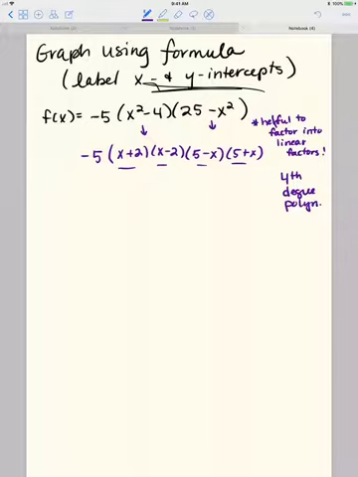Depending on its leading term coefficient, the ends will either both point up or both point down for long-term behavior. But for short-term behavior, we'll look at what the zeros do. This negative 5 out front, and then there's a positive x, a negative x, and a positive x.